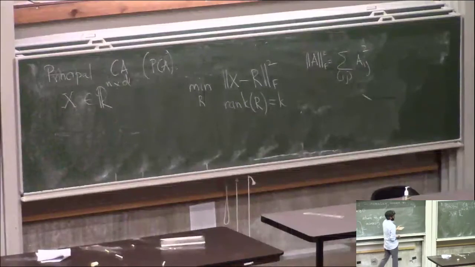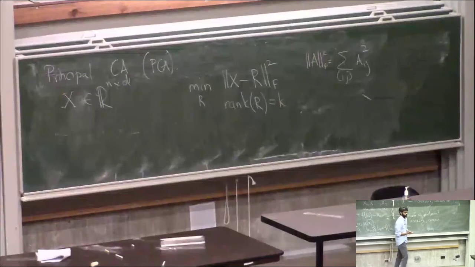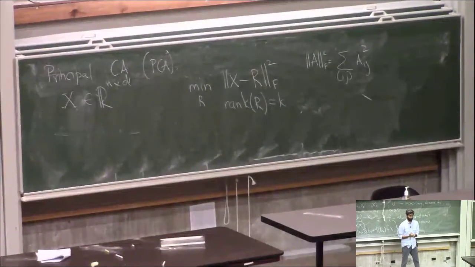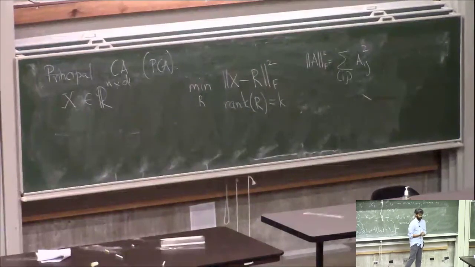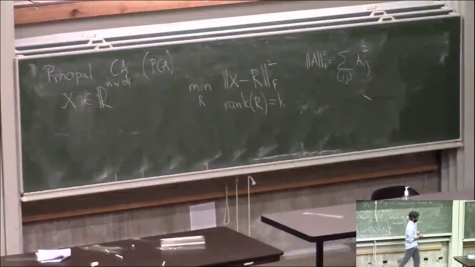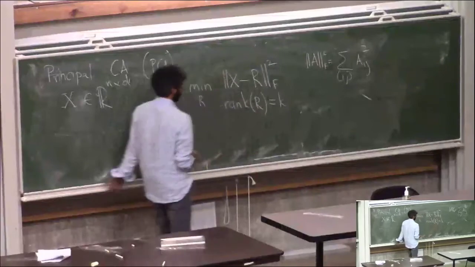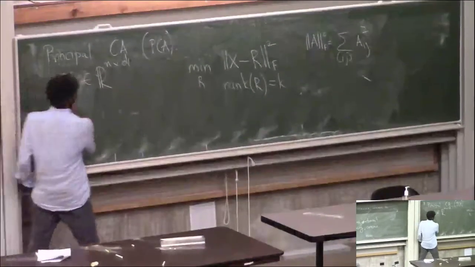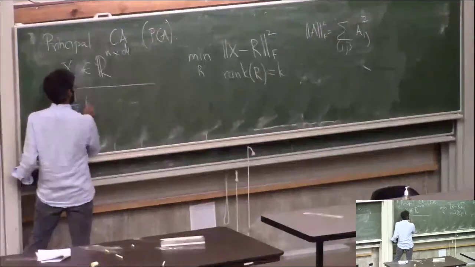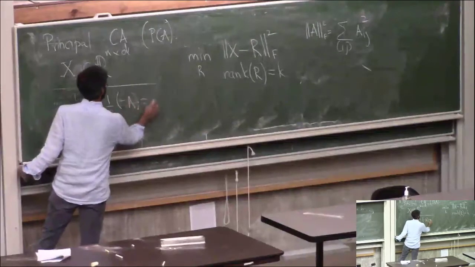So this is a non-convex problem. Why is this non-convex? Perfect, the objective is convex. The rank is not a convex thing. How do you see this? There are many ways. You can take any matrix A and say, half A plus half minus A is 0.